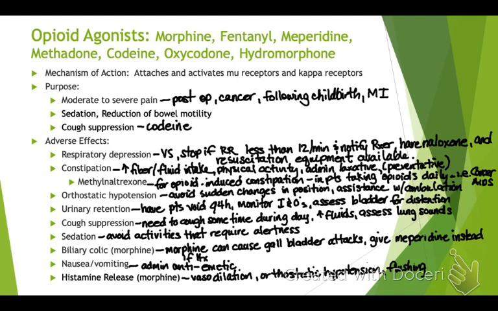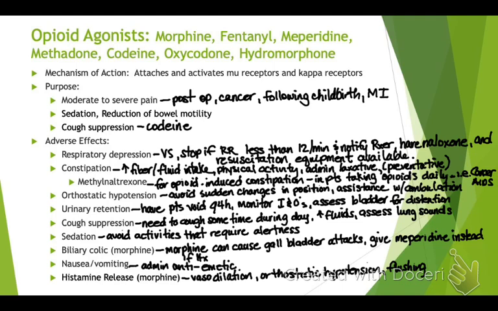With an allergy, you want to make sure that it's not a histamine reaction. Natural opioids like morphine cause the most histamine release. Synthetics like meperidine cause a low histamine release.